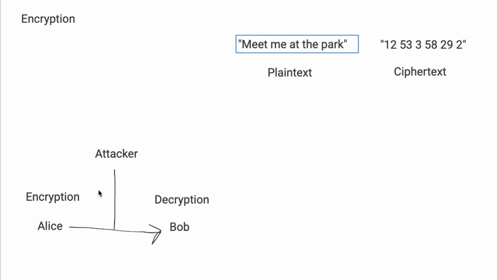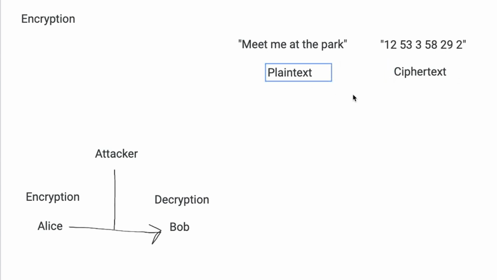Through encryption, the plaintext is turned into ciphertext. It's turned into a form that is really hard to understand or make any meaning out of if read by a third party who does not have the method to understand this message. And the method of understanding this message is called decryption, turning ciphertext back into plaintext.